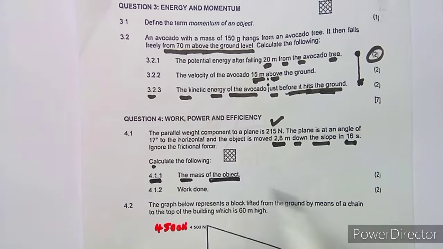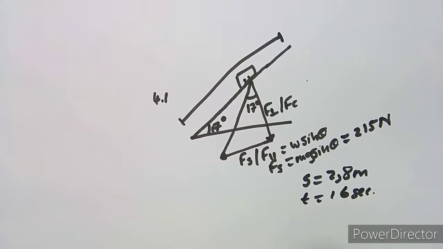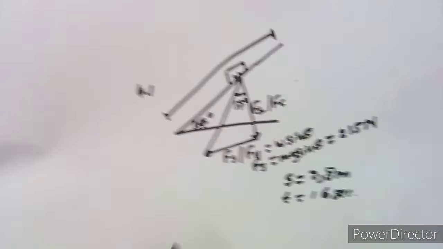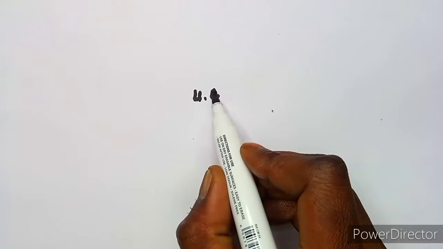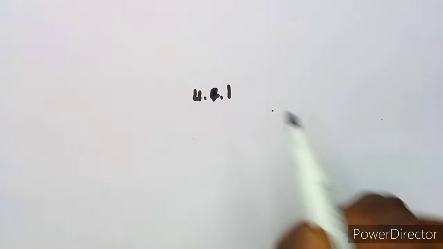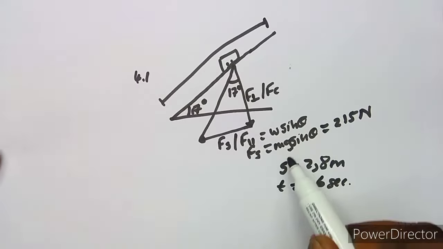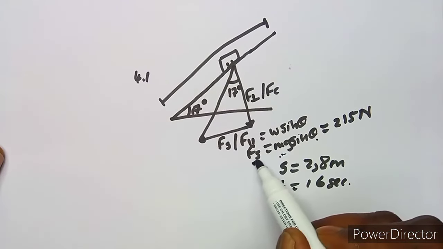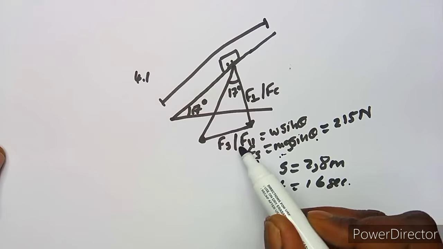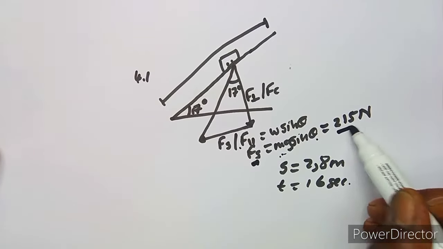4.11, the mass of the object. So what is the mass of the object, guys? Where are we going to have the mass? Very interesting question if we understand how to manipulate the formulas. If you are able to manipulate the formulas, then this one is going to be an interesting question. Why? Because already the mass is there, the angle is there, so you can equate our Fs, which is the parallel component, to 215.